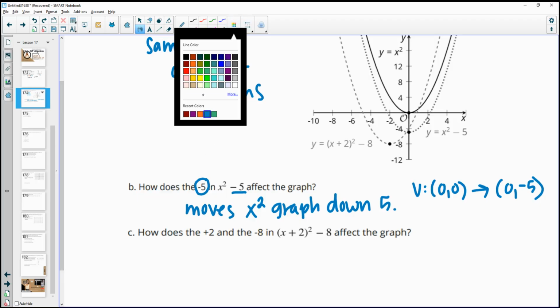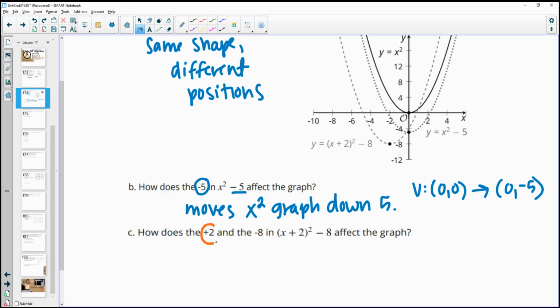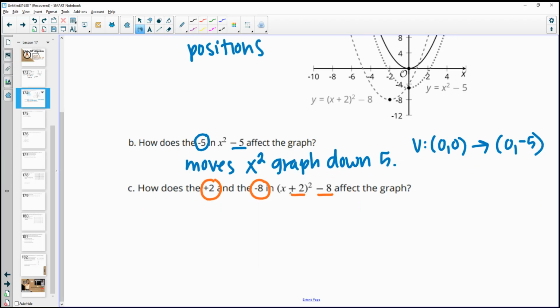And then how do the +2 and the -8 impact the graph here? The +2 actually moves the graph to the left, because this would have been x minus a -2. So our transformation is going to be moving it to the left 2 units.